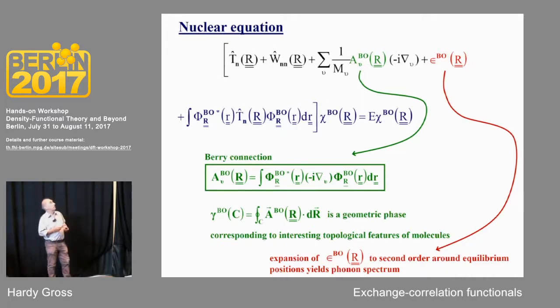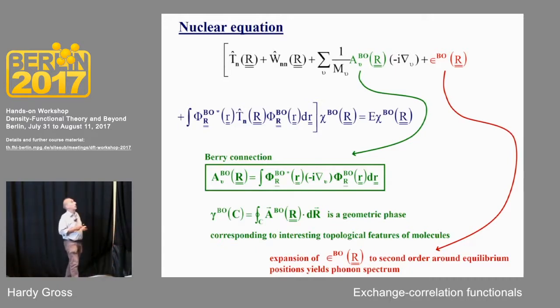So it is now a Schrödinger equation for the nuclei, kinetic energy of the nuclei, bare nuclear repulsion. And in addition, there are three potentials: a scalar potential, so it's a function of nuclear coordinates; another scalar potential, it's also a function of nuclear coordinates; and a vector potential. We call this vector potential because it couples to the nuclear momentum operator.